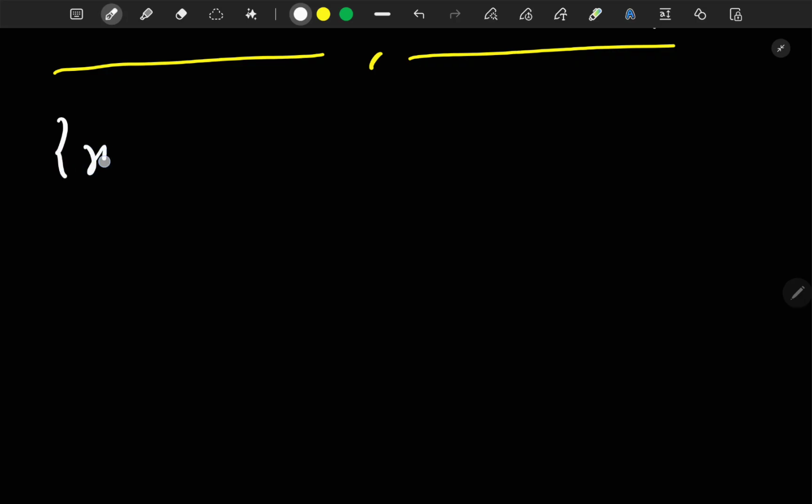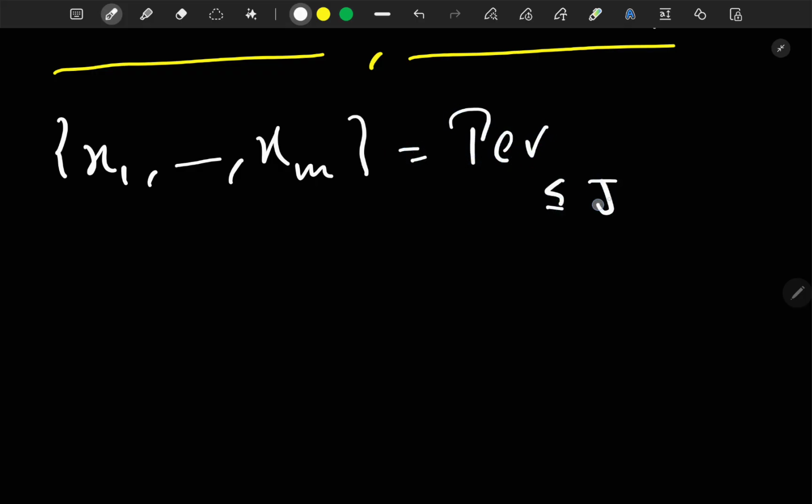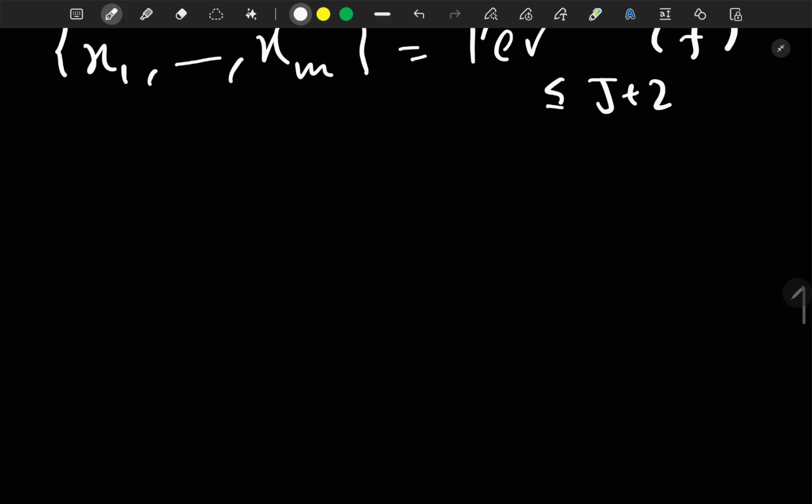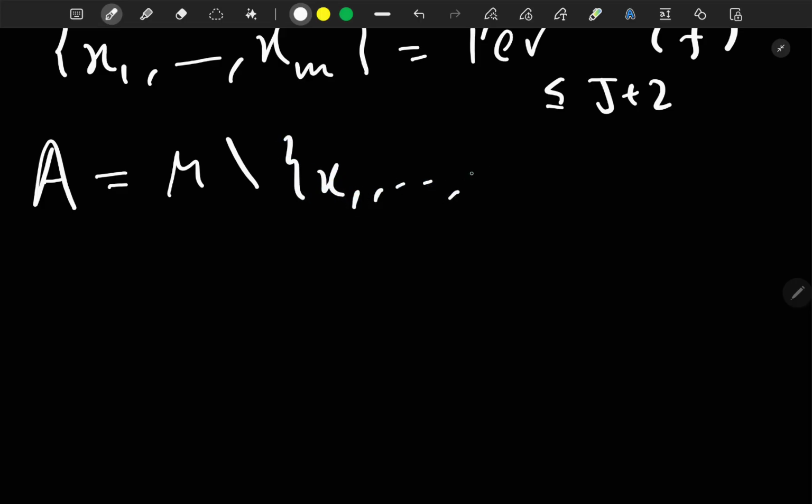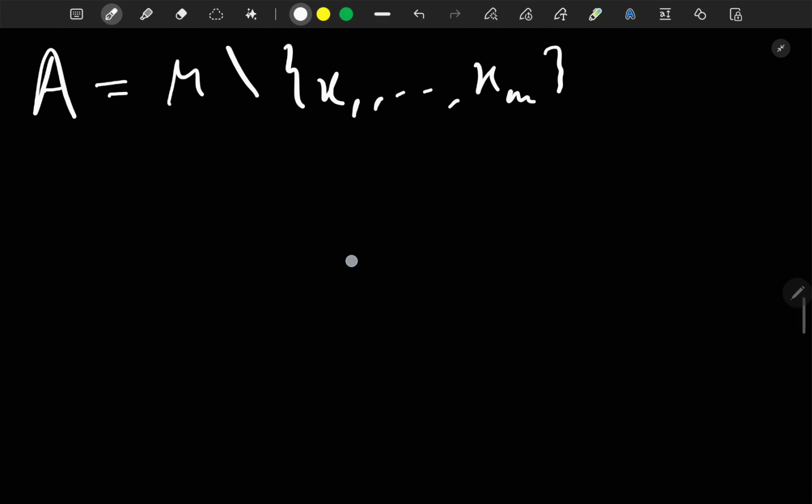Let's call x1 to xm the periodic points with period less than j, and then we set A as the manifold without this finite number of points, a connected set. And the first lemma, Lemma 2.1, says the following.